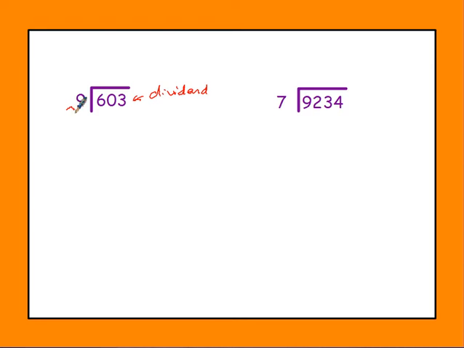And if you recall, this is called your divisor. Alright, so you have a dividend and you have your divisor. So, 603 divided by 9.